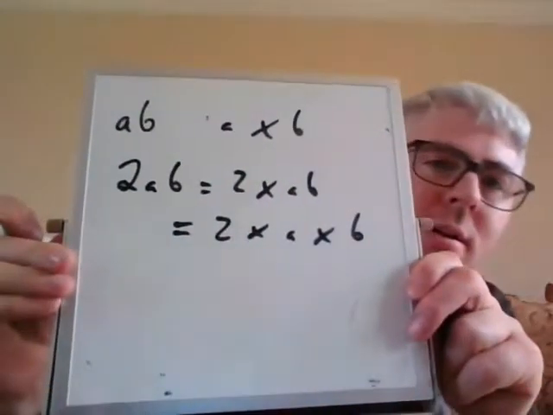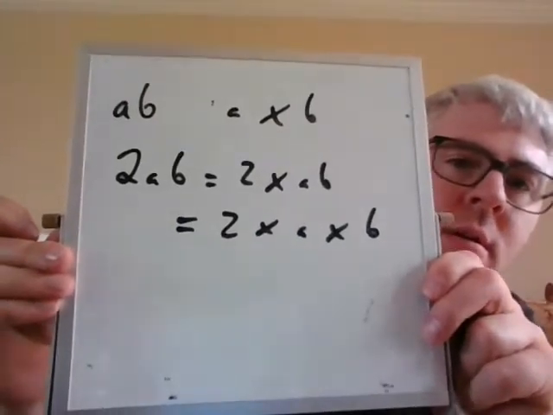And that's 2AB, 2 times AB equals 2 times A times B. Just wanted you to see it.